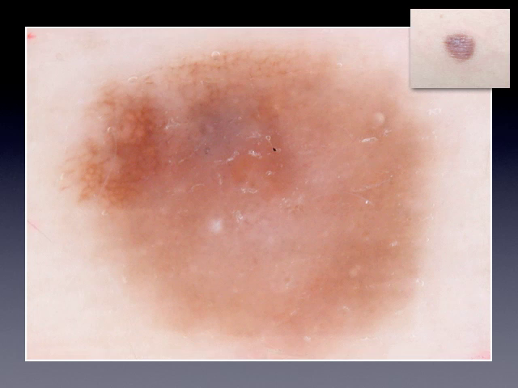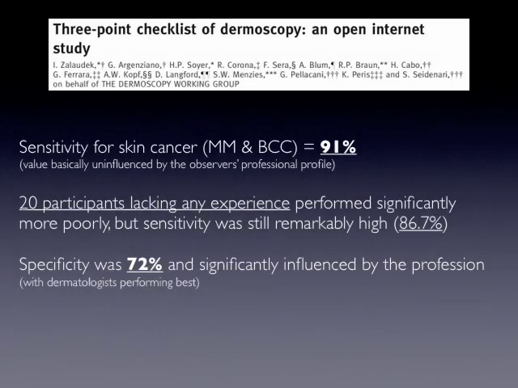And here we can see clearly the three criteria we are referring to, and they are asymmetry of color and structure, the presence of an atypical pigment network, and presence of blue-white color.